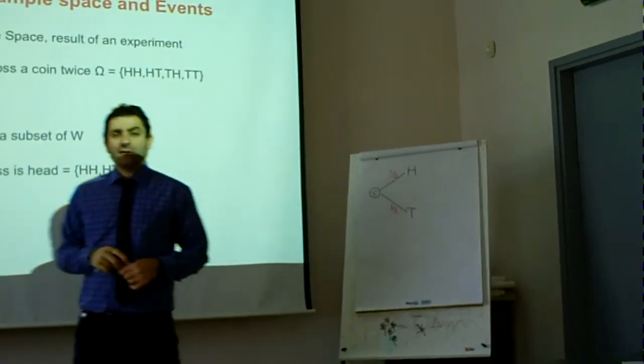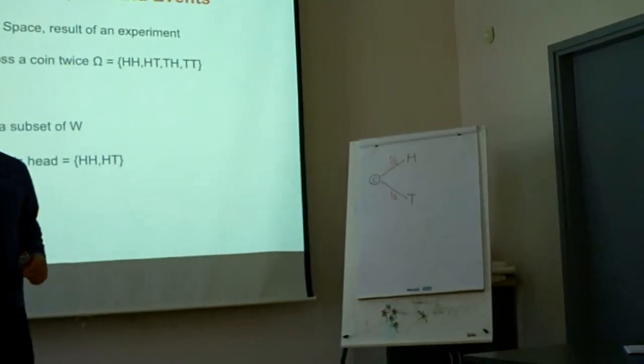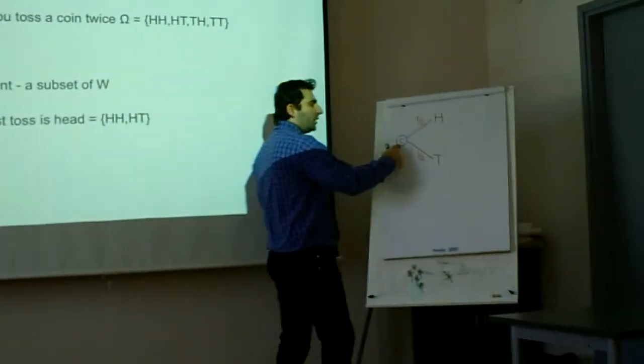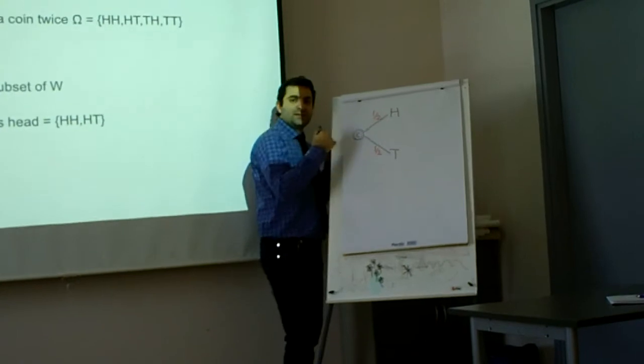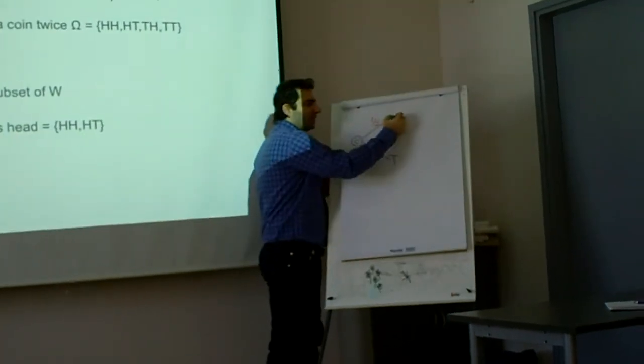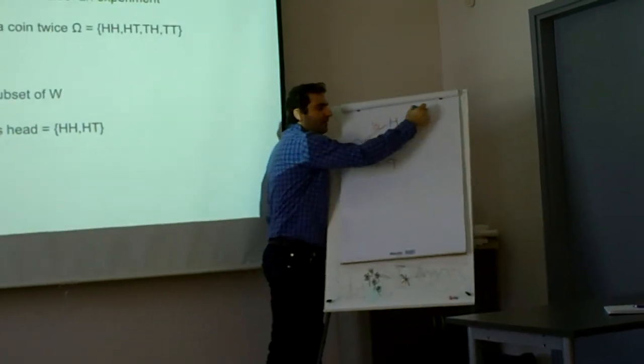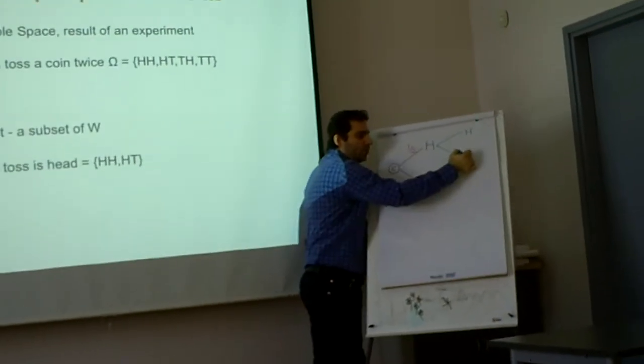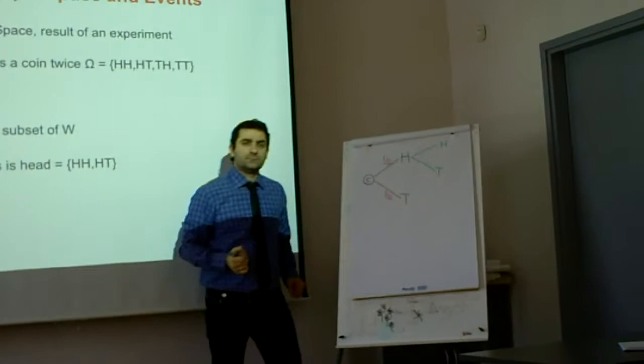Now, we will continue our example. We want to toss a coin twice. In other words, I use my coin, I toss it, head comes, and I do it again. So what are the outcomes if I toss a coin again? I will get a head or a tail. Right?